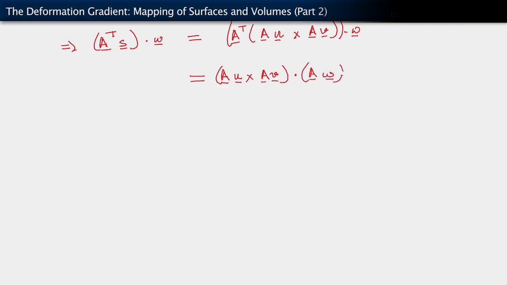If that seems a little mysterious to you, it's easy enough. Just go back into coordinate notation for the right-hand side and it will follow.